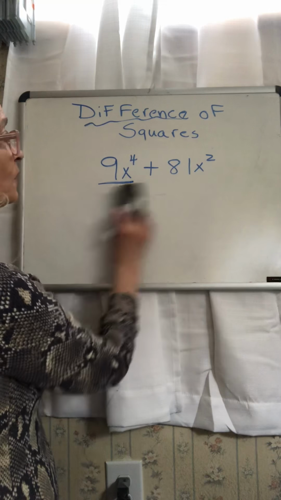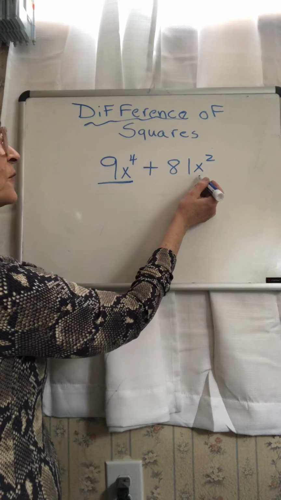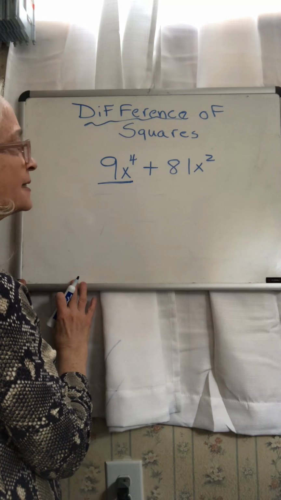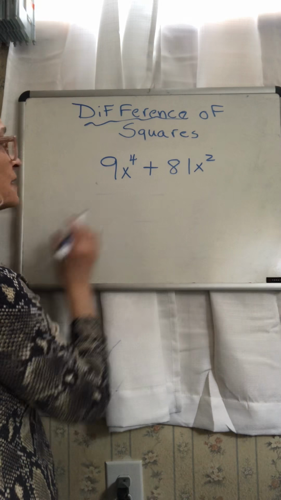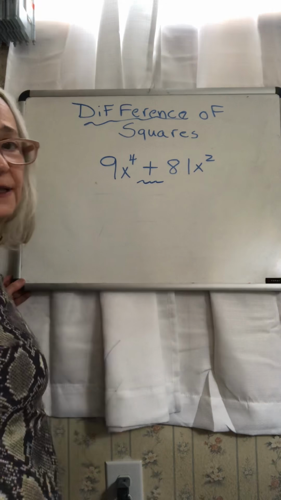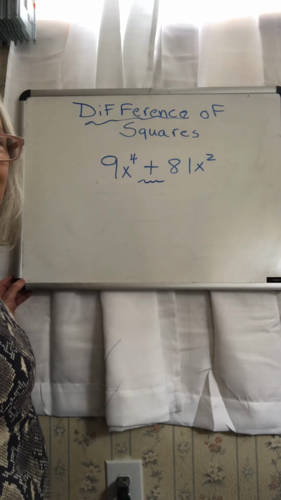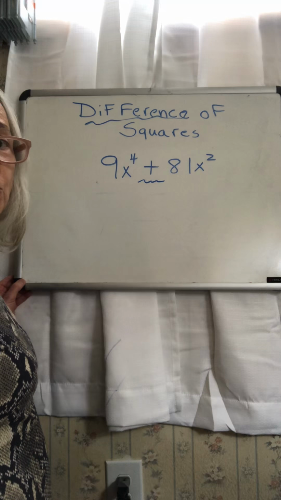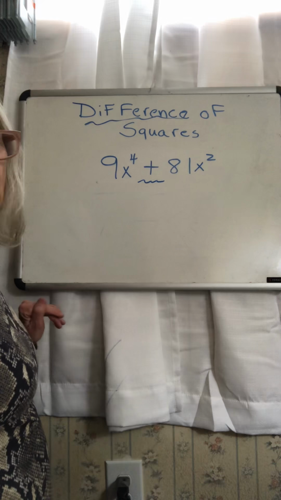Okay, 81 is a perfect square, 9 times 9. X squared is a perfect square. But this binomial is not a difference of squares because it has a plus sign. And it has to have a negative sign in between the perfect squares in order for it to be a difference of squares.